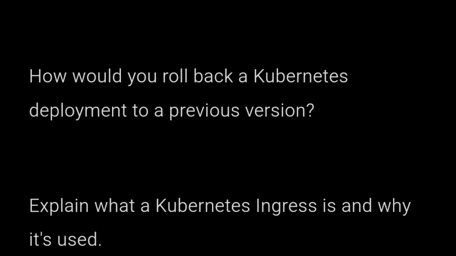And we need to mention the version also, with --to-revision equals and the version number. And also we can verify the rollback by using kubectl get pods and kubectl describe deployment and the deployment name. It will get the application details as well as whether the rollback resolved the issue or not. Also, this is going to give more information.